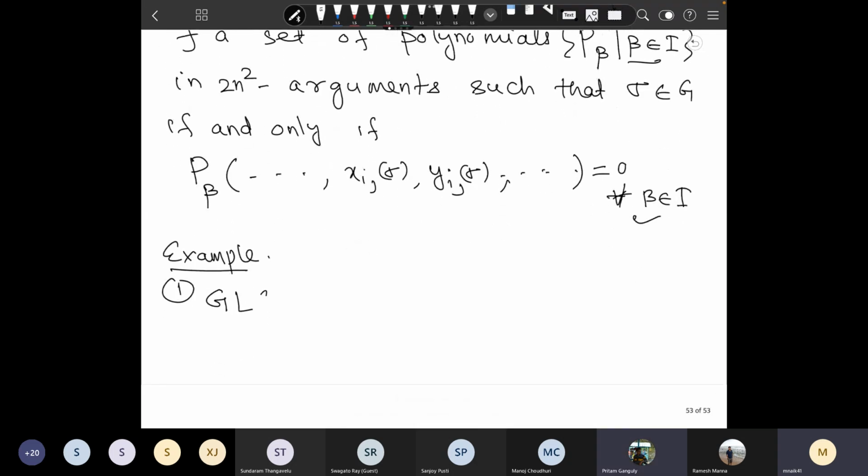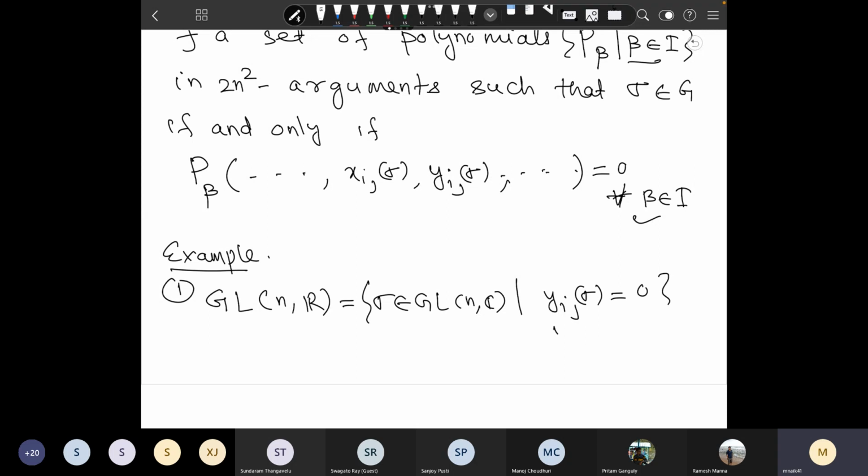So GLNR is the set of sigma belonging to GLNC so that Yij sigma is equal to 0 for i, j from 1 to n. This is clearly a polynomial.